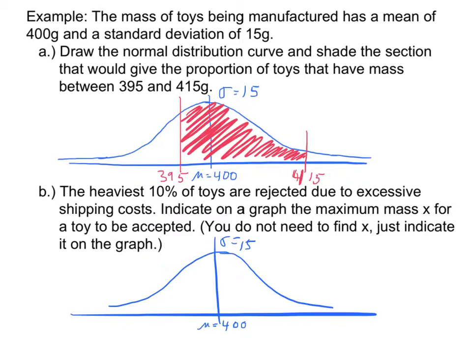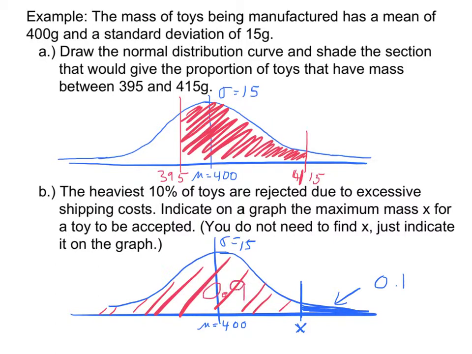So that means up here somewhere there is some value x, and what we know is that the area that's bigger than that is 0.1. Something that's going to be really important is knowing that, therefore, the area less than that has to be 0.9.